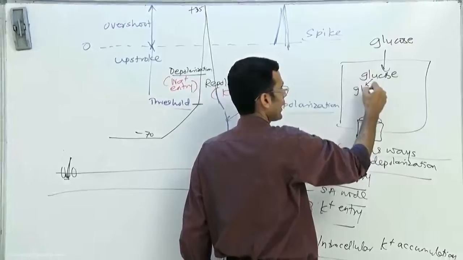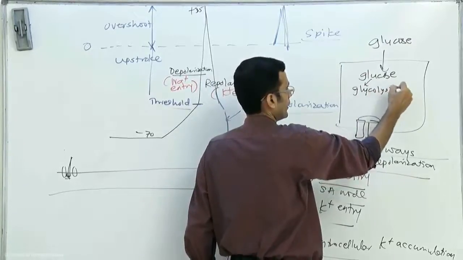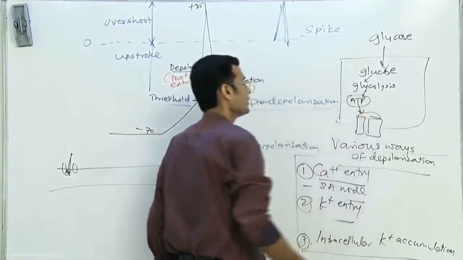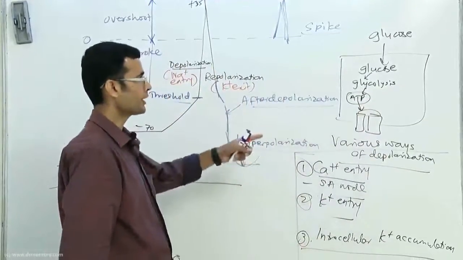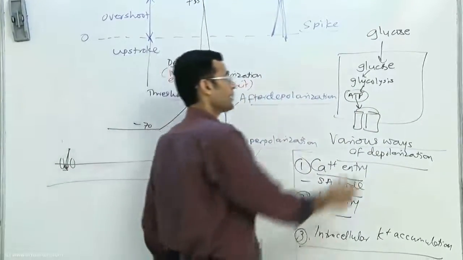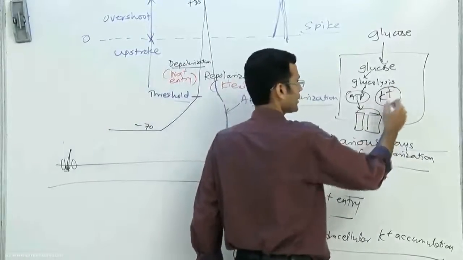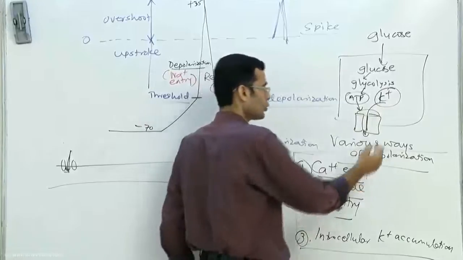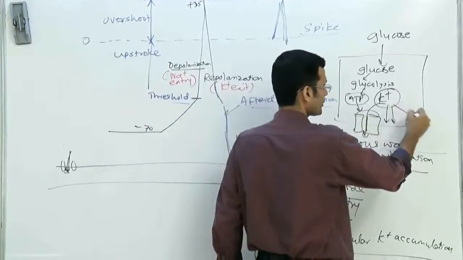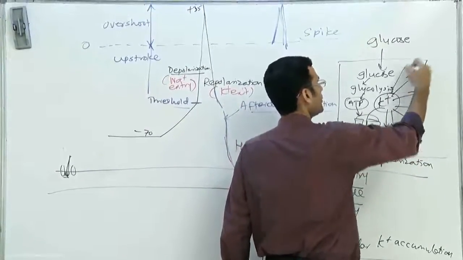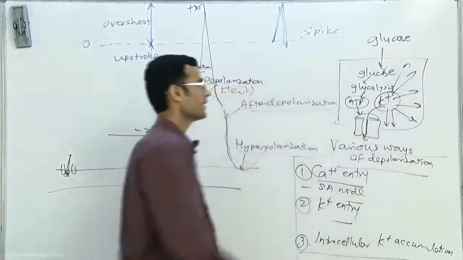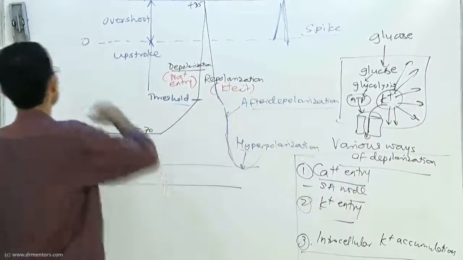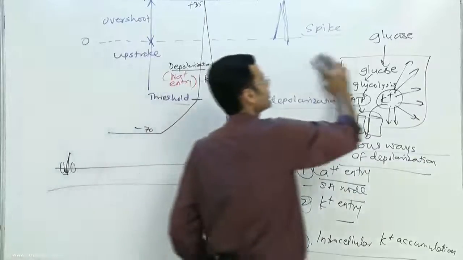It undergoes glycolysis. That glycolysis generates ATP, and then that ATP sensitive potassium channel will close. That means intracellular potassium that was supposed to go out through this channel will not go out. It will accumulate just near the membrane on the inside, and that can cause membrane depolarization. Various ways of depolarization at various places.